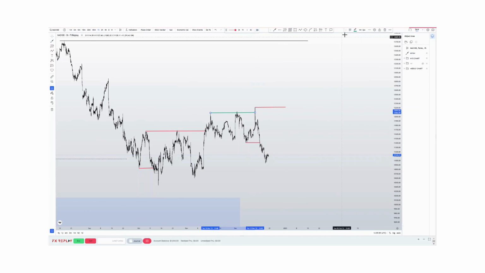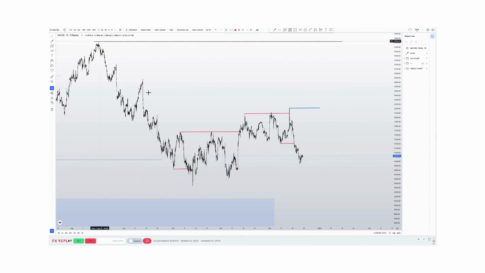This was supposed to be marked with a red. It's a break of structure. We have this as a protected swing. Now the M15 has shifted bearish again, realigning with the H4 structures, which are bearish.